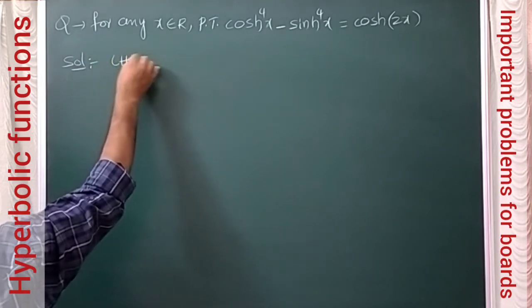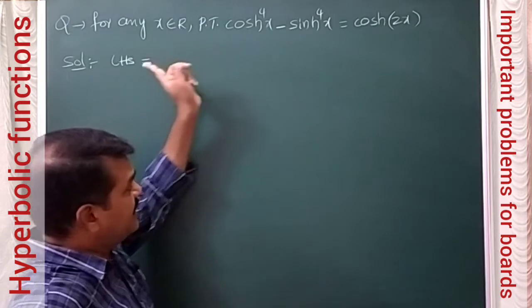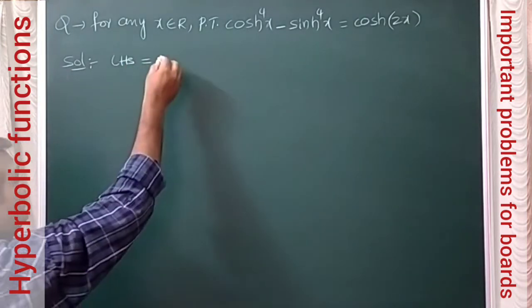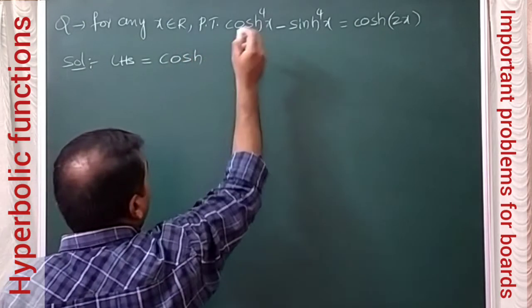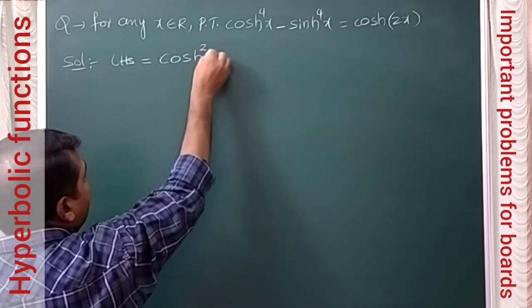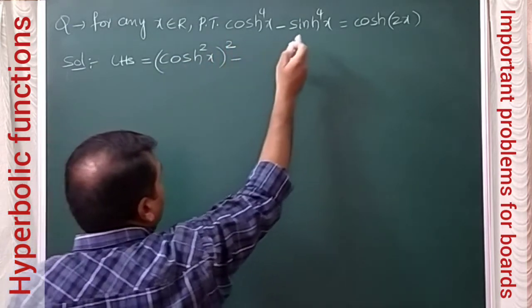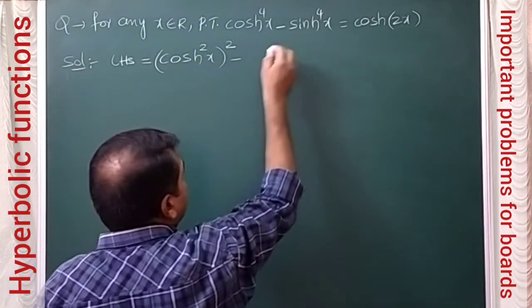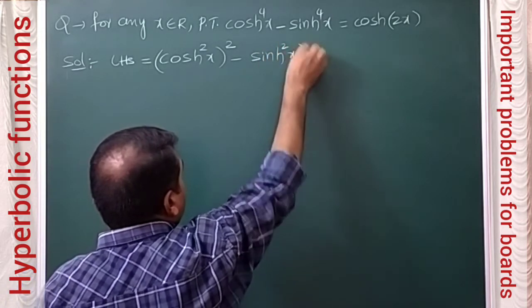Left hand side part of the required equation I am taking first. So in the LHS part, I am writing cos h power 4x as (cos h square x) whole square, and let us write sin h power 4x as (sin h square x) whole square.